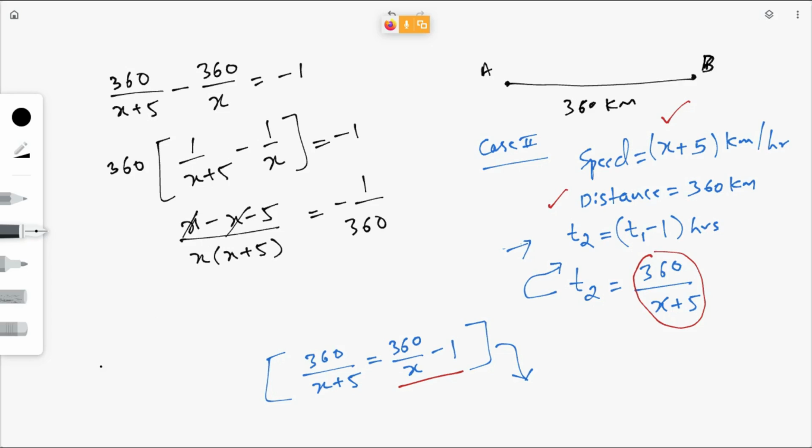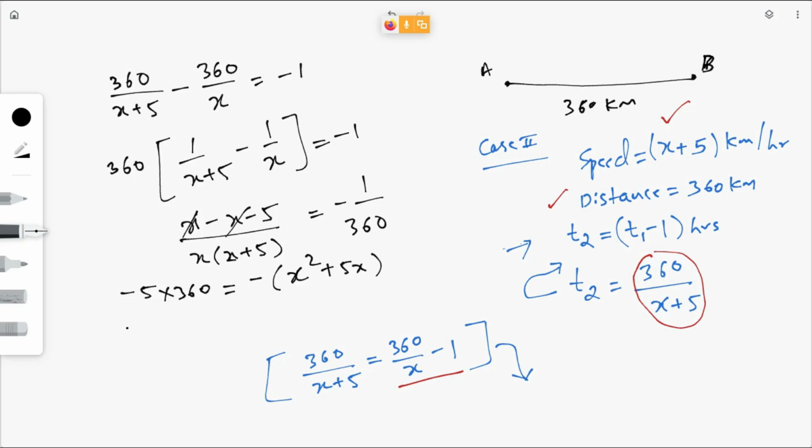The x and x will cancel out. Now cross multiply. Take this 360 here. Minus 5 into 360 is equal to minus x square, multiplying these two, x square plus 5x.